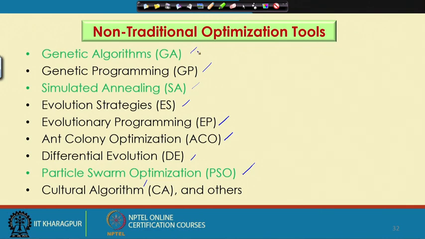If you see the literature, we have various versions of this genetic algorithm. It includes the binary coded genetic algorithm, the real coded genetic algorithm, the gray coded genetic algorithm, then comes the micro GA, messy GA and so on.